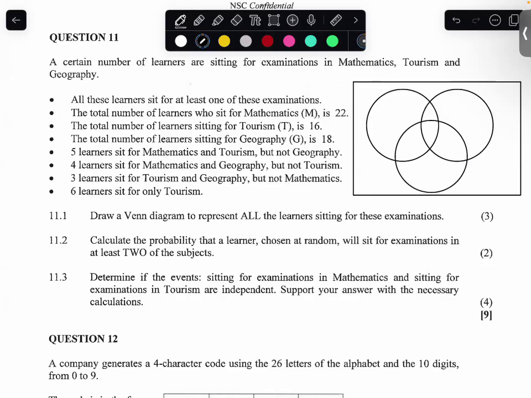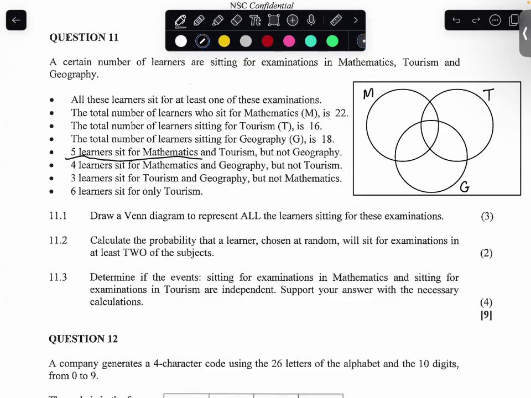All right. Let's go. This is mathematics, tourism, geography. The total number of learners. Okay, before we get to these three, because these three talk about each subject individually, and I don't just want the individual subject's information yet, right? So I'm going to start here.